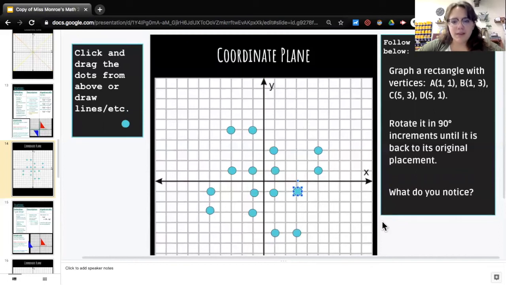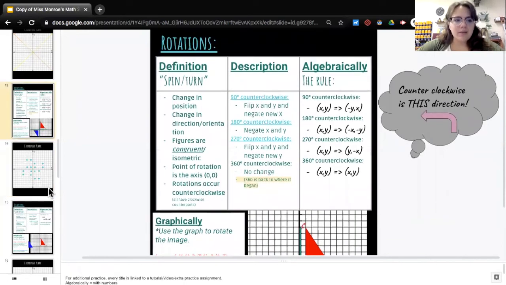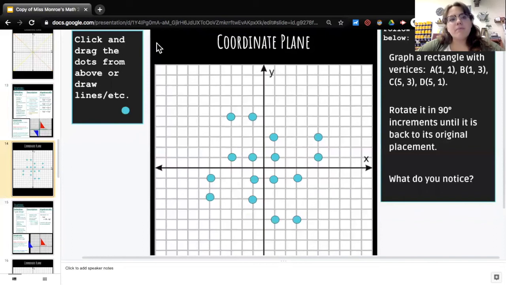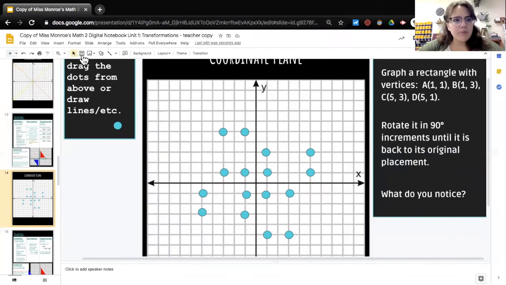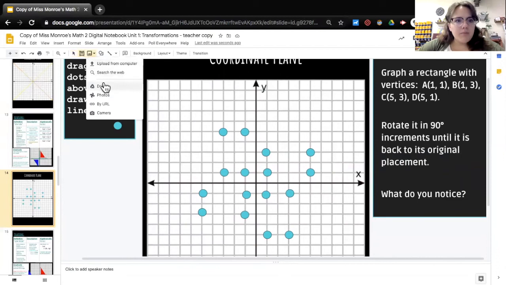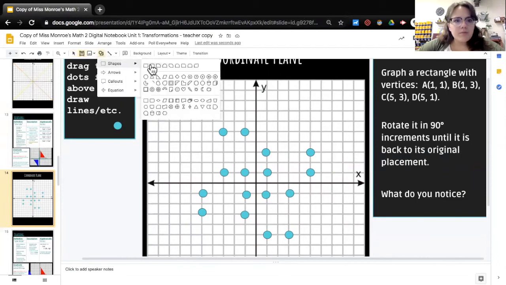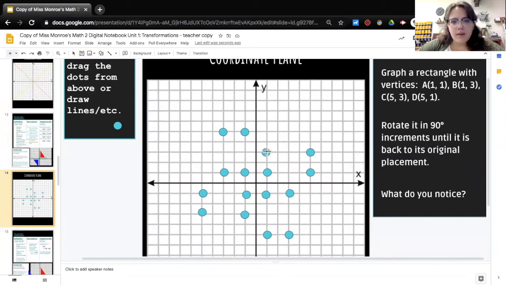that are the same rectangle, but slightly different. You can take this, you can add your own shapes. For some reason, that's not letting me, there we go. If I want to draw the shape on there, I can. There it is.